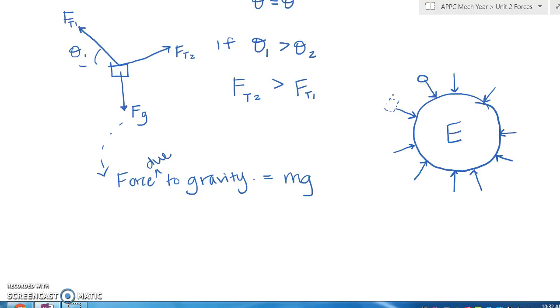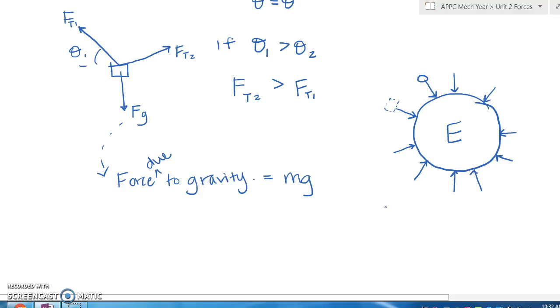So, the way field forces work is a field force applies a force to a particular particle. So, a gravitational field applies a force to a mass. An electric field applies a force to a charged object. Not a neutral object, but a charged object. A magnetic field applies a force to a moving charged object.